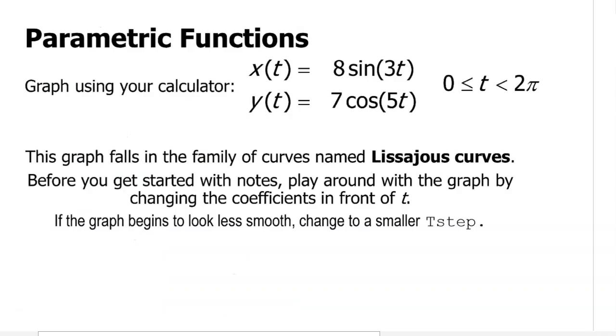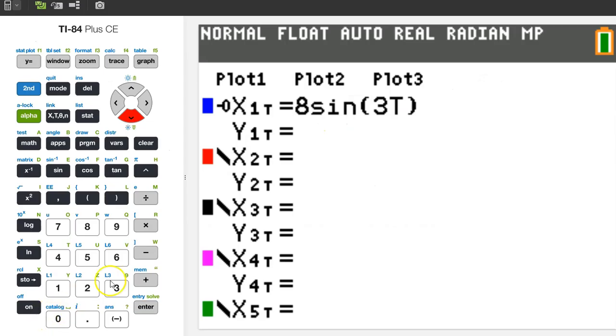Okay, so our exploration will be with this parametric equation. So go ahead and type this into your calculator for x and y, and 7 cosine 5t. Let's hit graph and see what happens.